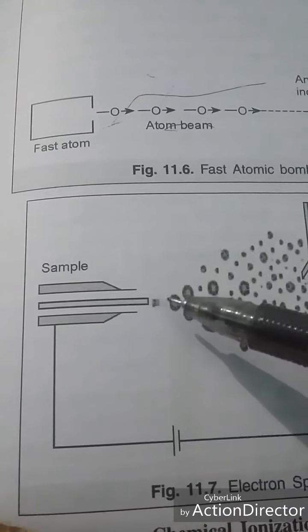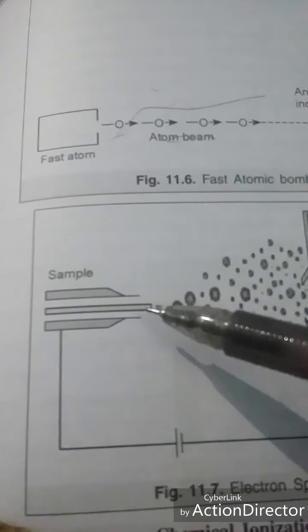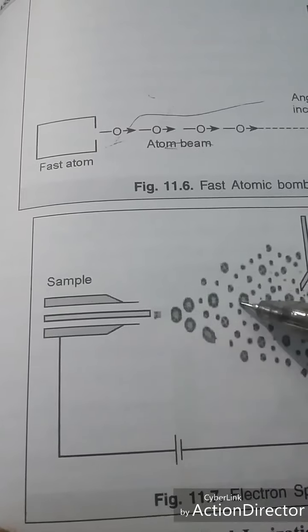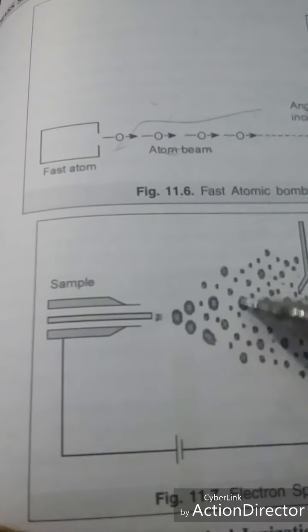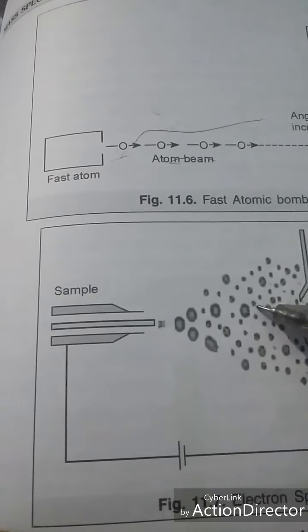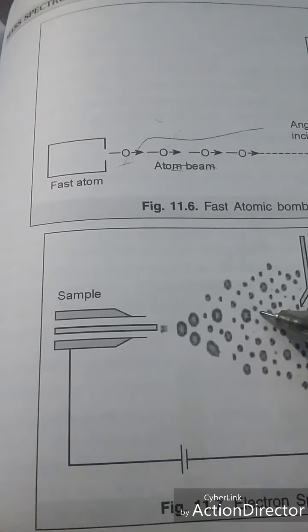This is the electrospray ionization technique, in which the sample is put in a spray needle and droplets of the sample come out. This technique works by applying high voltage to the flow of liquid at atmospheric pressure.